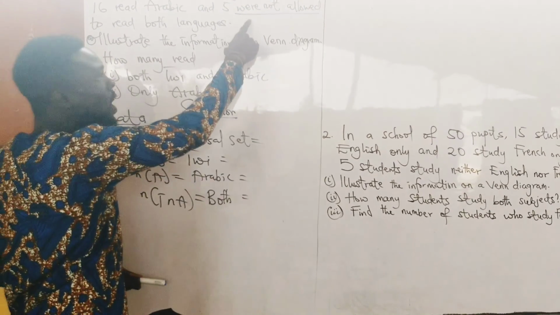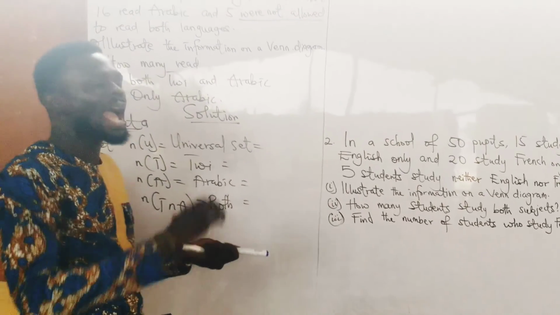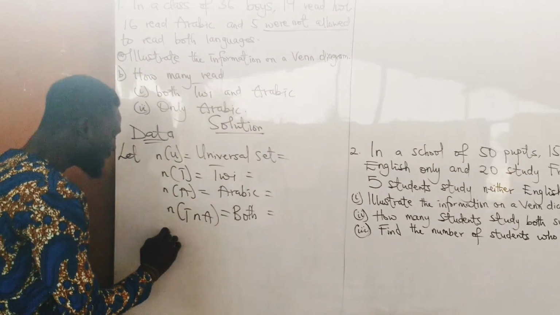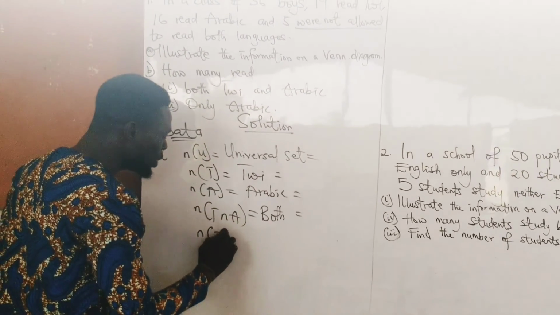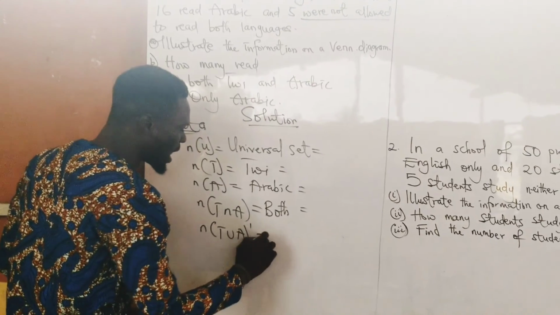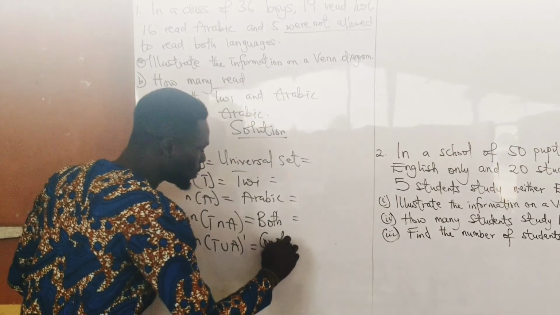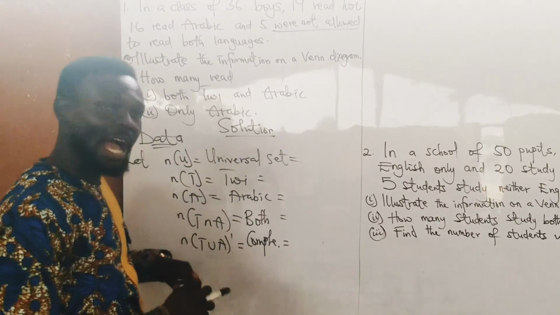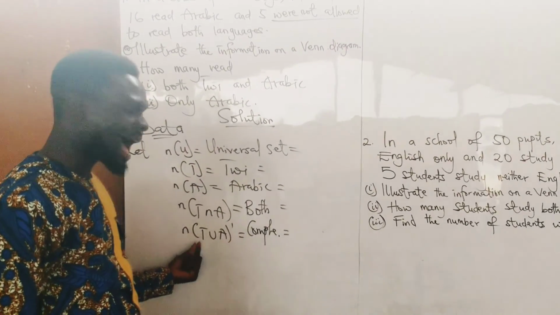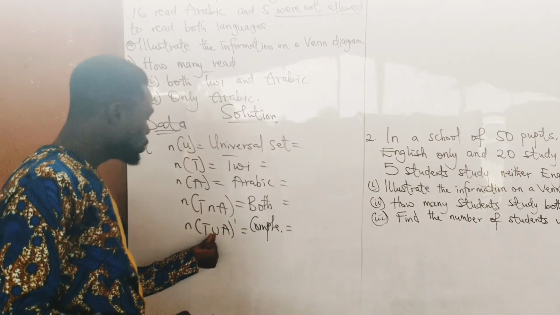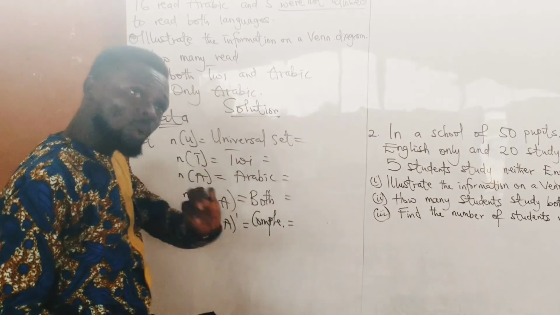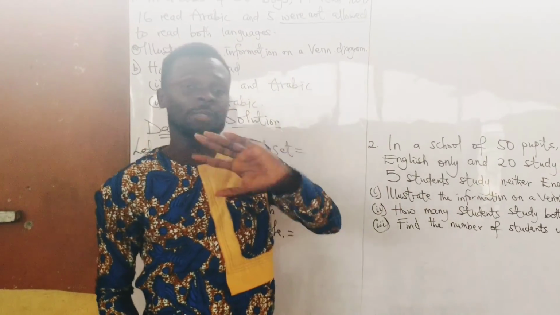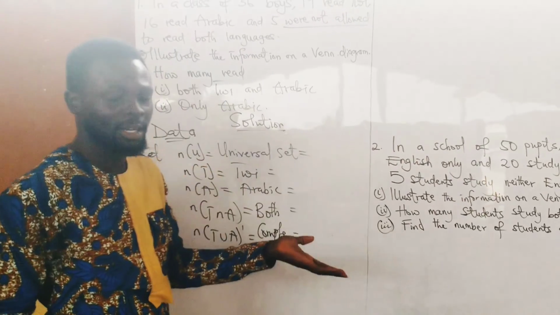And since we were told that 5 were not allowed, meaning we have a complement, we write that as the number T union A prime, and we call them complement for short. Its notation is the number of T union A prime, which means they are in the universal set but do not belong to any of the languages.